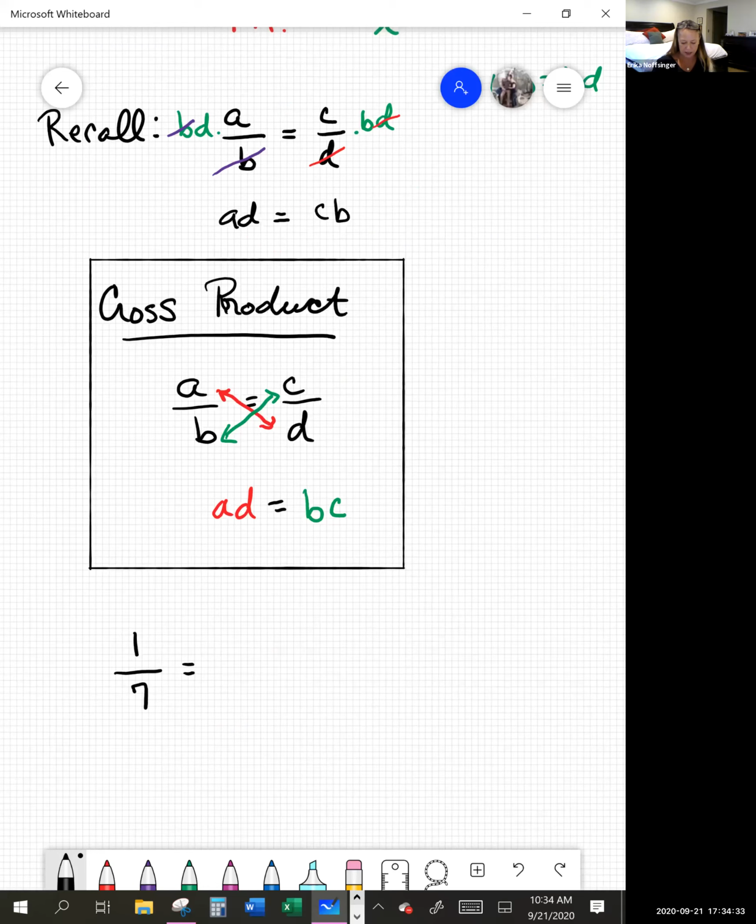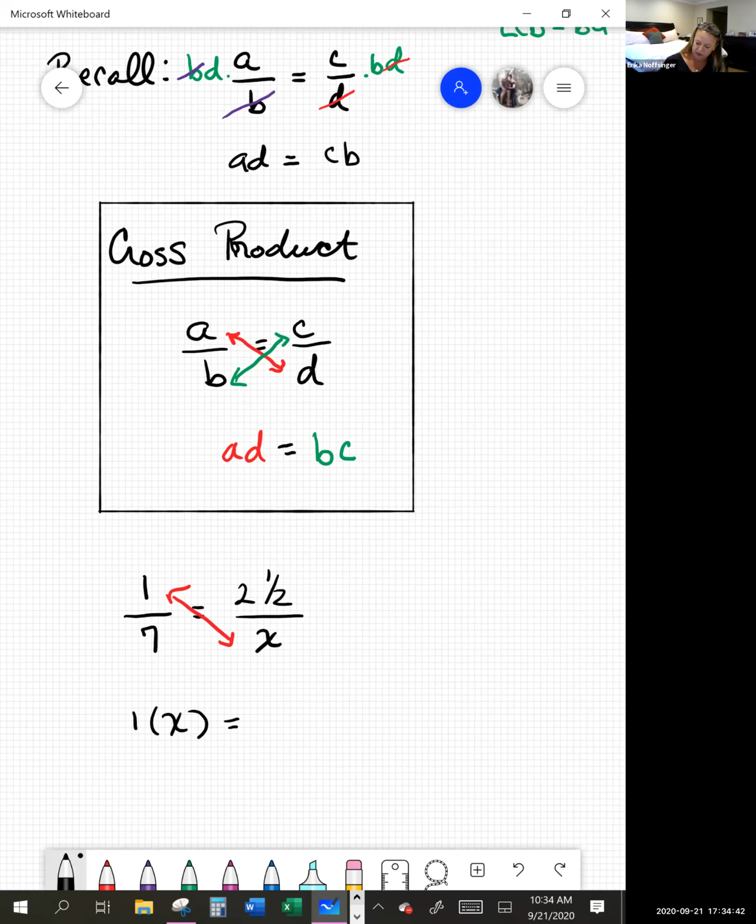We can go across. So we have 1 times x is equal to the 7 times 2.5. Okay, this is where we've got to be careful.